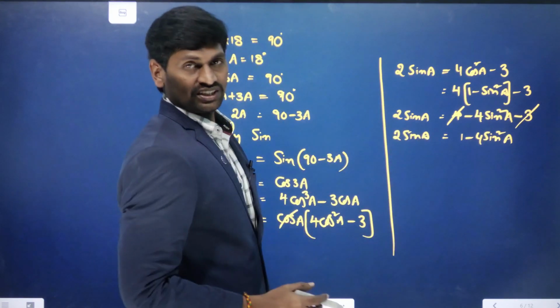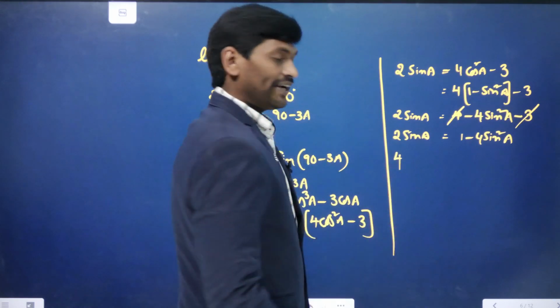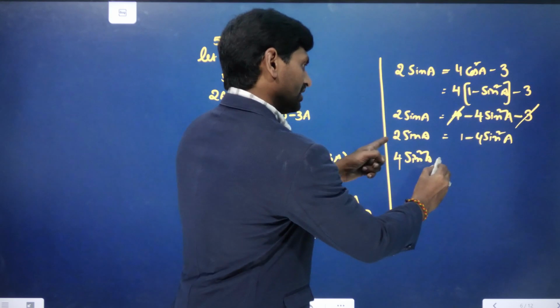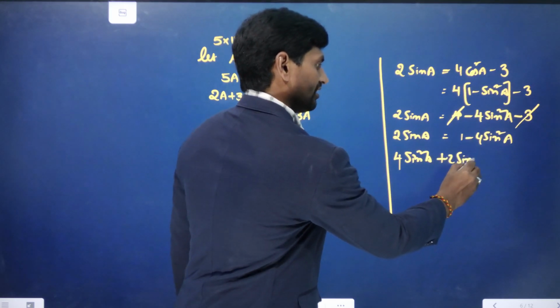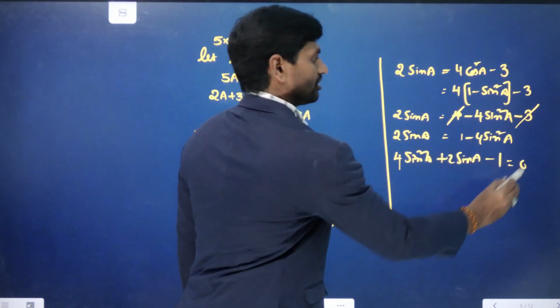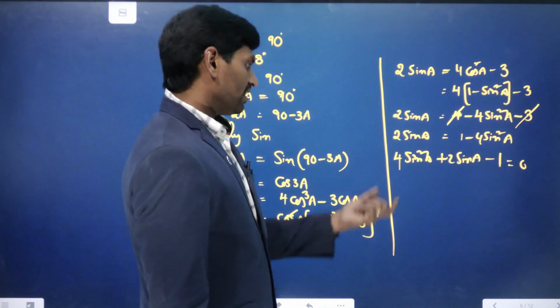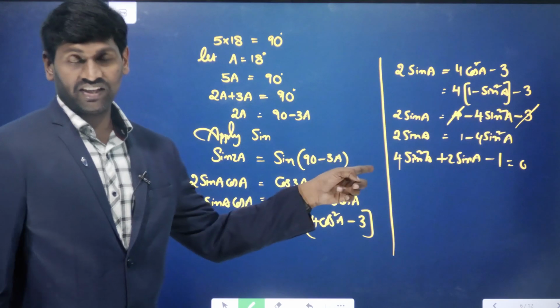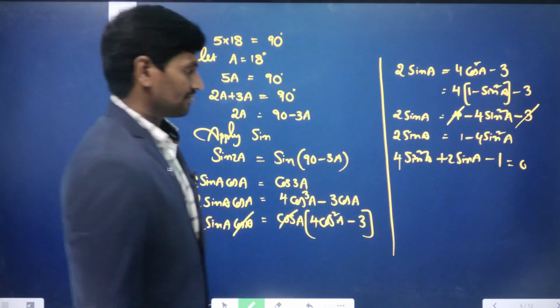So bring everything to this side, the LHS part. Minus 4 sin square A becomes 4 sin square A, plus 2 sin A, minus 1 equals 0. Okay, now I am taking sin A as x.